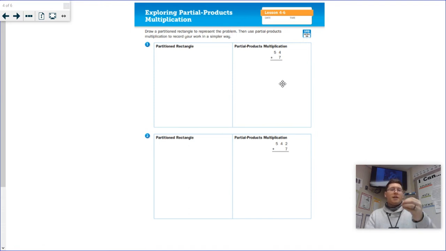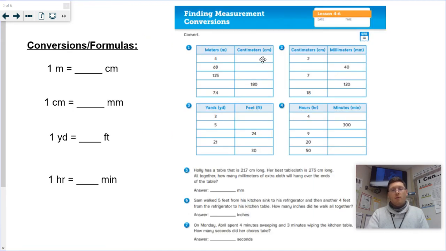If you don't practice this, you're not going to get any better at knowing how to actually place everything in the rectangles or how to do the math. With partial products multiplication, all you're doing is finding that expansion. You're expanding your numbers so that you're able to multiply them easier.